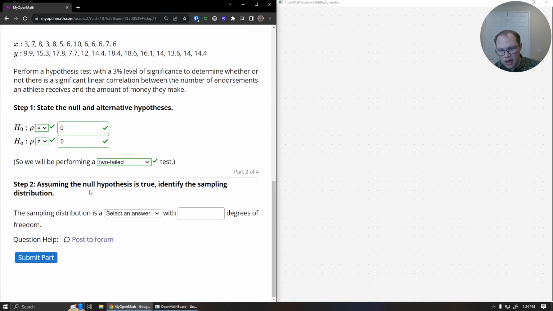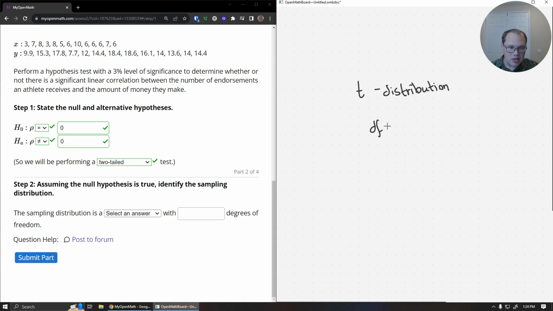Let's, assuming the null hypothesis is true, identify our sampling distribution. So for a test of the correlation coefficient, we use a t-distribution with n minus 2 degrees of freedom.